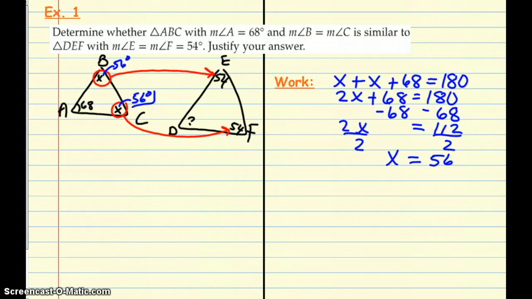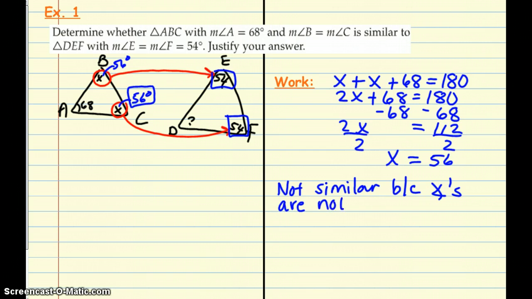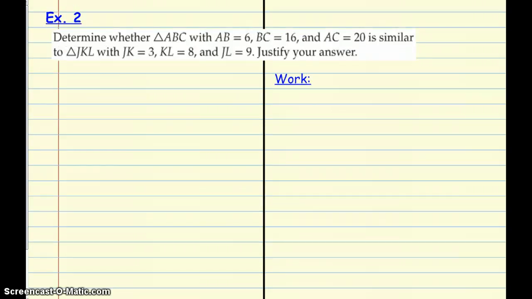Well, these are 56 degrees, and angle E and F are 54 degrees, so these two triangles are not similar, because the angles are not the same. Okay, so that's the first thing that we want to take a look at, is see if those angles are the same.